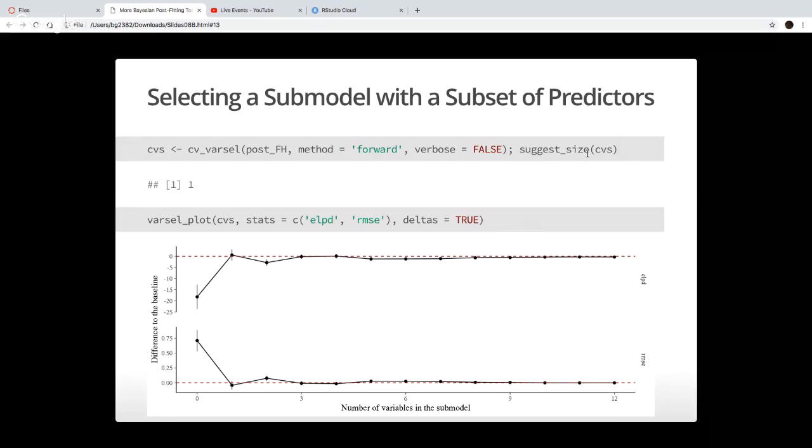And it turns out in this case, you could get away with just having 1 predictor, and it would do almost as well as a model that had all 12 that you started with. And then when you plot that, you can see it's adjusted the estimates to take into account the bias. And indeed, there is a model that has one among your original 12 predictors that's just as good as the 12 predictor model in terms of expected log predictive density, the ability to predict future data.